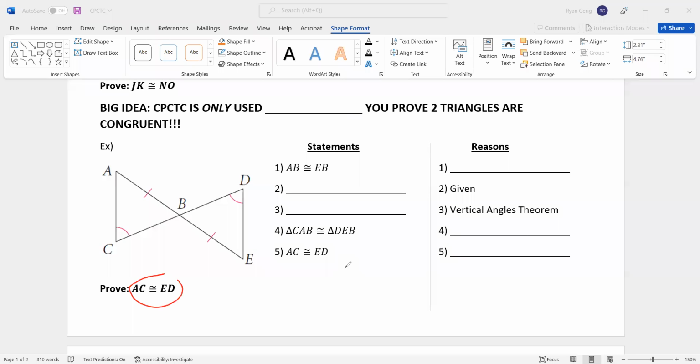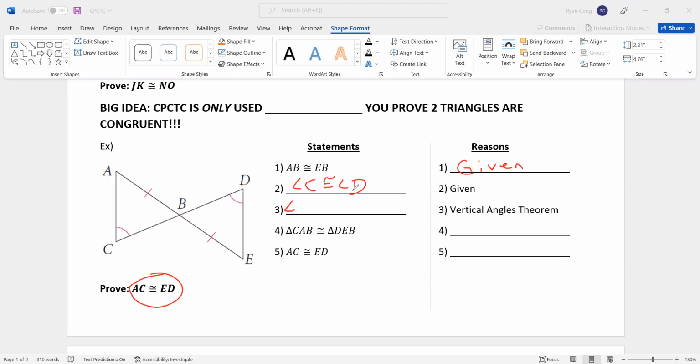Again, we're trying to prove 2 sides are congruent here. To fill in the blank proof, AB is congruent to EB. How do I know that? Well, that's given. What else is given? Angle C is congruent to angle D. The vertical angles theorem now is my third statement.